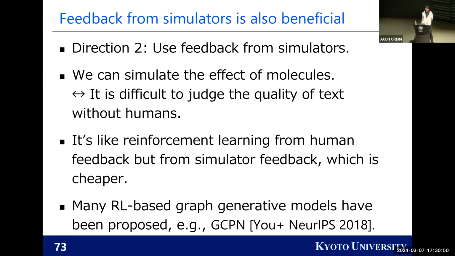More effort needs to be devoted to make this direction successful, but I think this is the more promising approach to overcome the lack of data in the molecular domain.